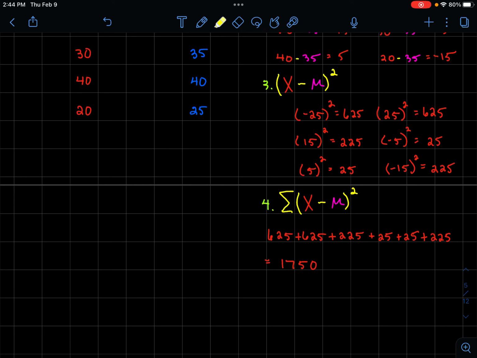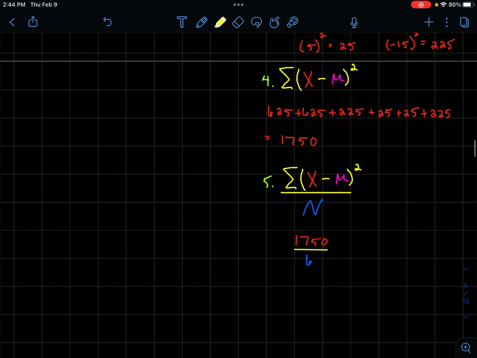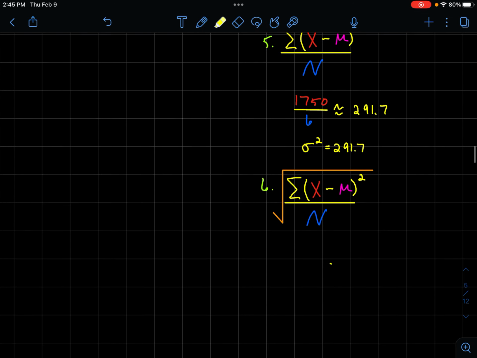This is where we find the actual variance of the problem. We'll remind ourselves, how many data points did we have? We had a total of 6 cans that we were going to check. So we're going to divide by 6, which rounds to a decimal value of 291.7. So our variance, not our standard deviation, is going to be 291.7.